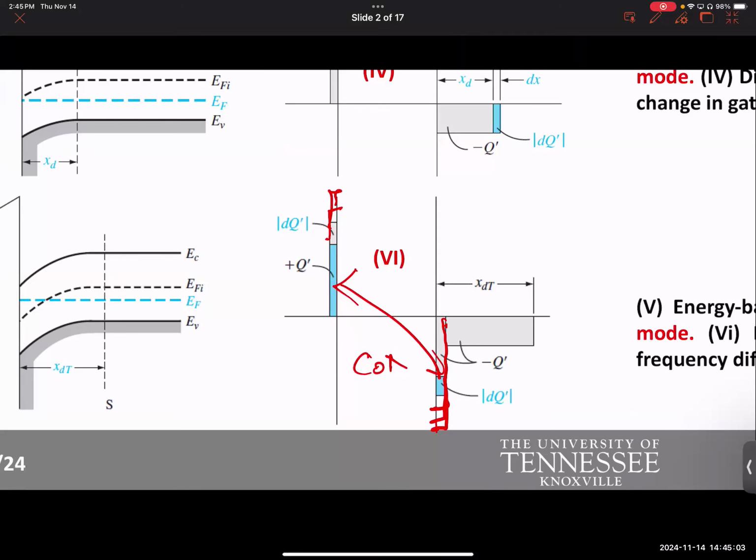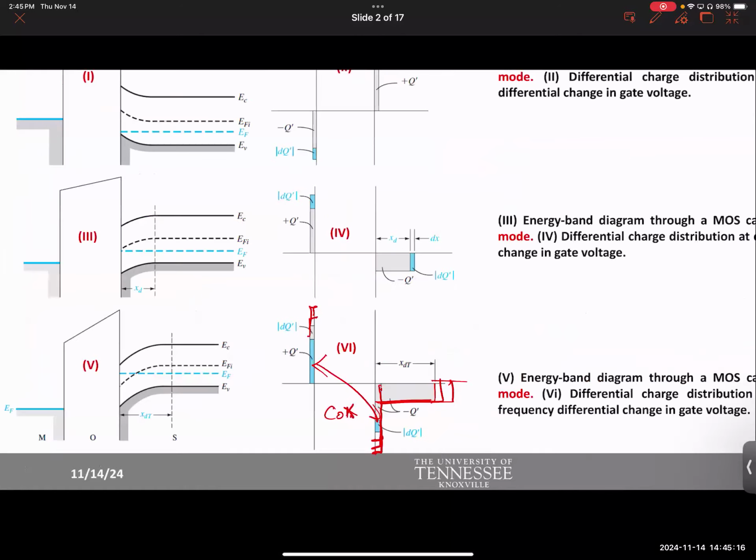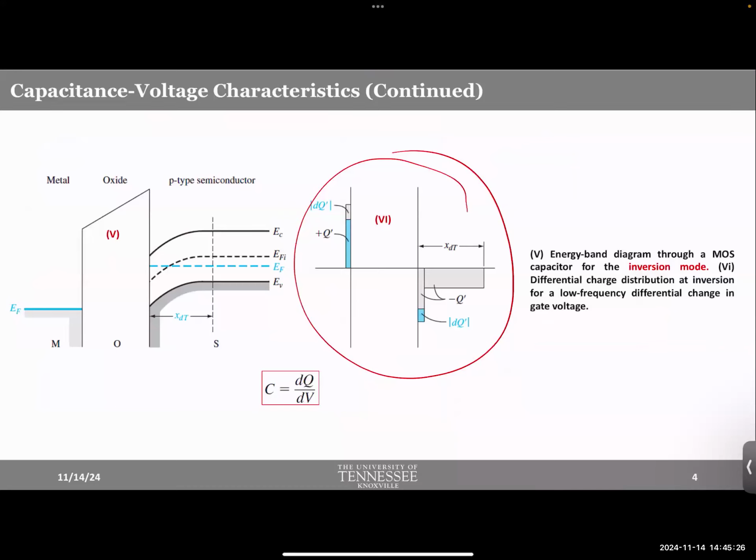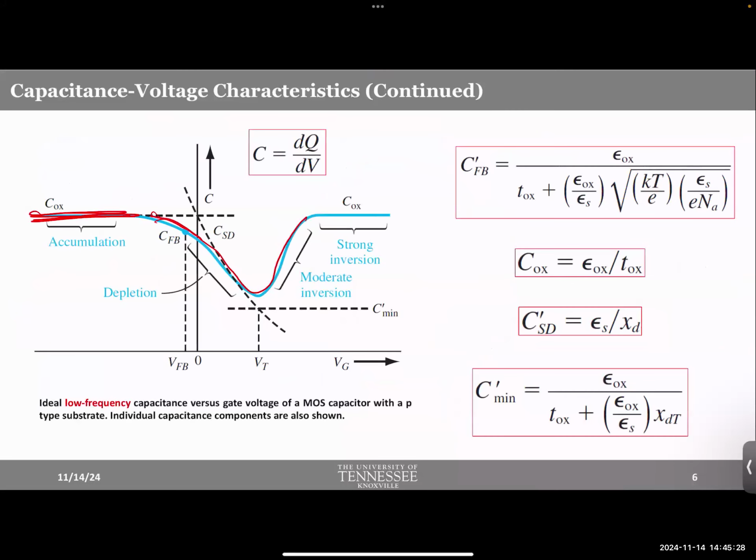But when you are close to inversion, but not really that inverted, there is an interaction between this oxide capacitance and the depletion capacitance, because you can have more and more depletion, for example. When you have two capacitors in series, you have to think about the equivalent capacitance. Since the depletion capacitance gradually changes, the equivalent value changes. That's why you have this non-linearity in the middle.